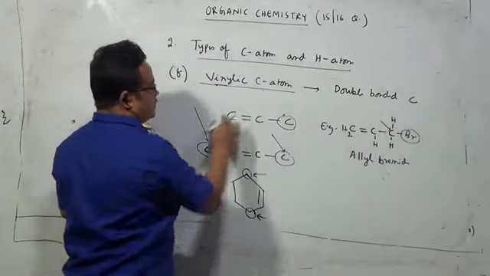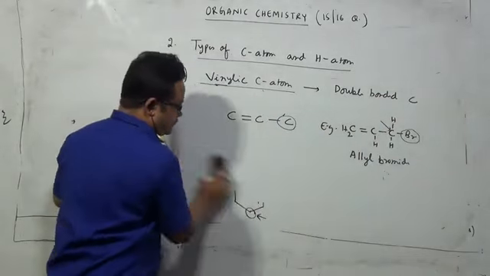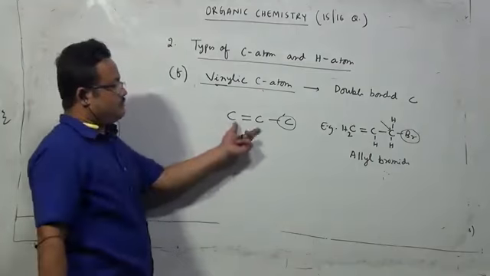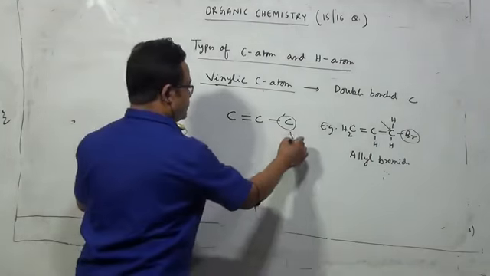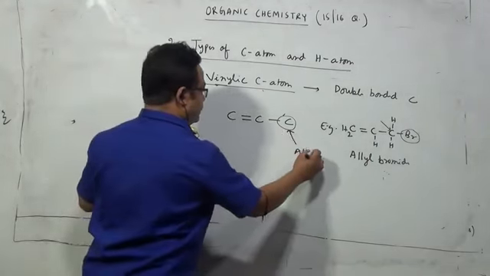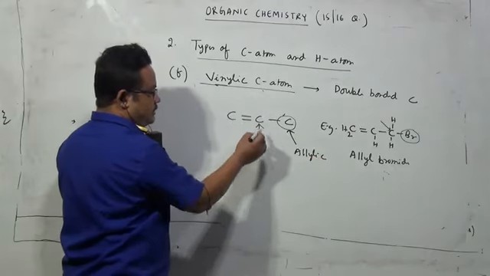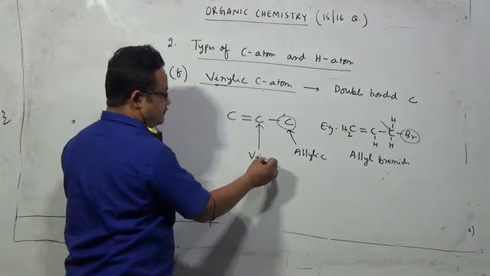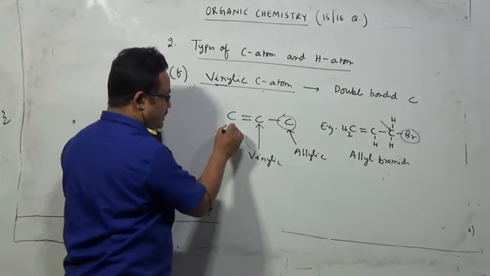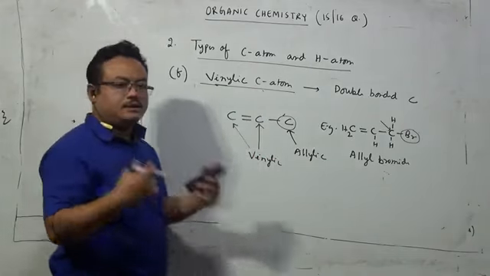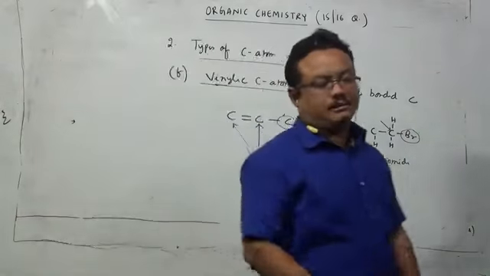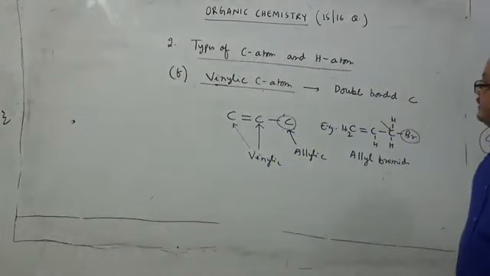For example, take C=C with a carbon next to it: this carbon is allylic carbon, and this carbon is vinylic, and even this is also vinylic. So vinylic carbon means the carbon directly part of the double bond. Understand? Yes or no?